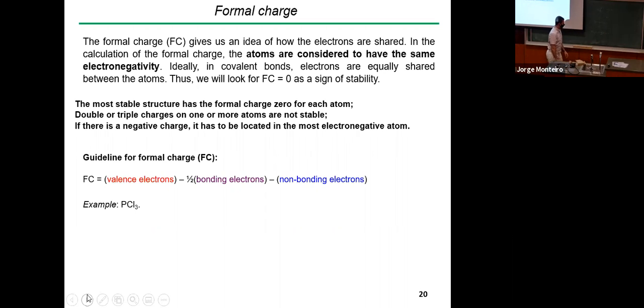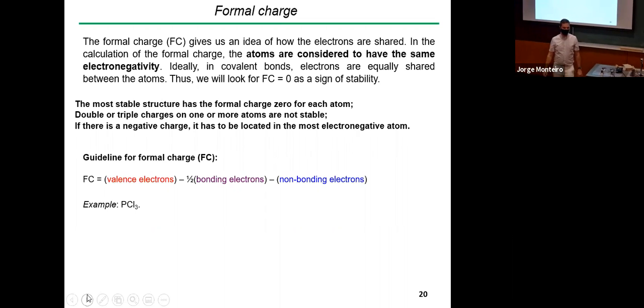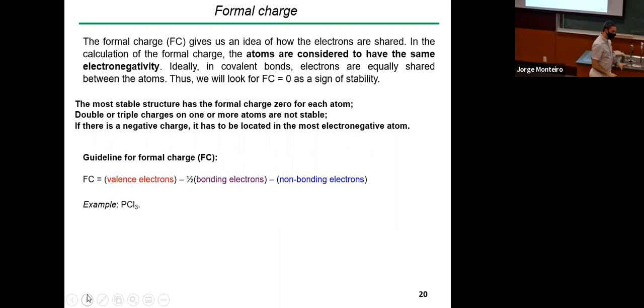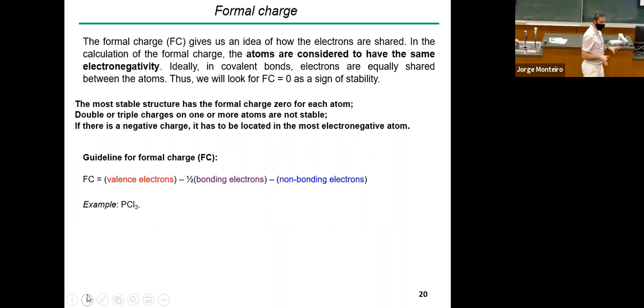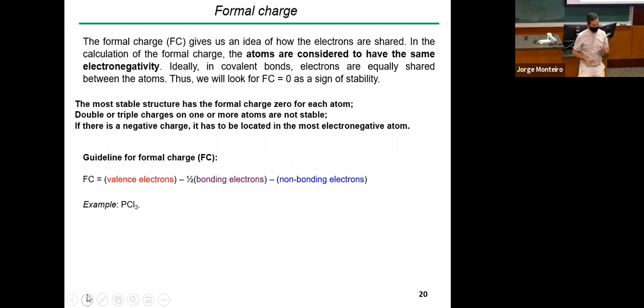So therefore, the formal charge for each oxygen in this case is going to be -1. It's not ideal. However, oxygen is very electronegative, so it's possible.